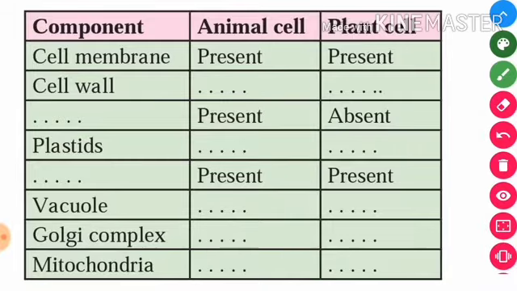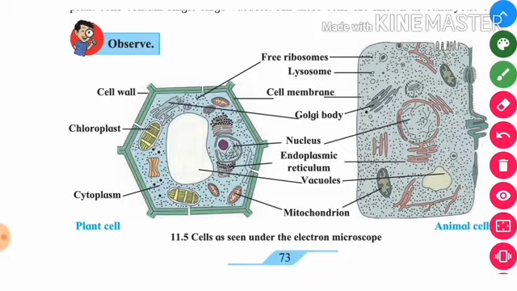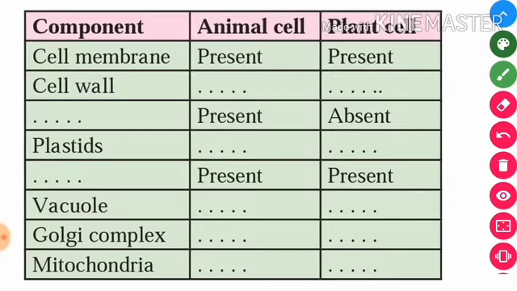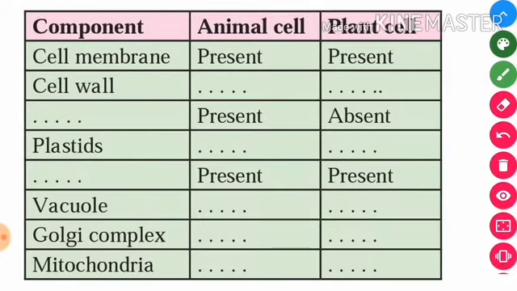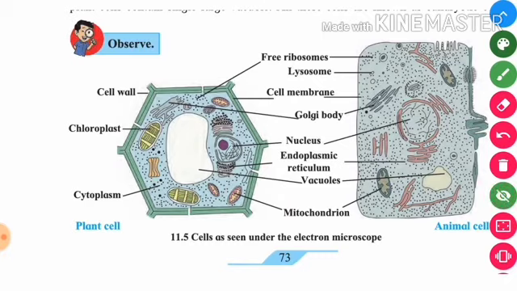Okay, plastids are present in both cells. Then present and present, so we can say the cell membrane. Then free ribosomes are present in both cells. Then vacuole is present in both cells, plant cell and animal cell.